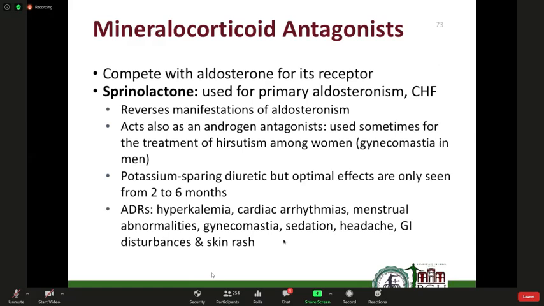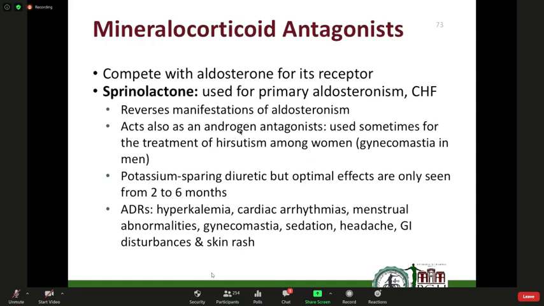Now, please take note that spironolactone as a mineralocorticoid antagonist, again following an endocrine principle, given its structure activity relationship, can actually also occupy the androgen receptor.